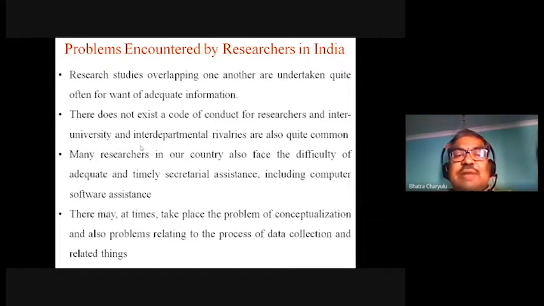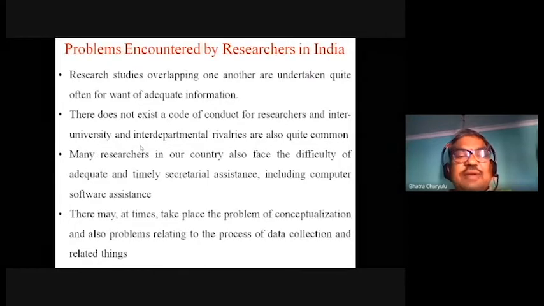Many researchers in our country also face the difficulty of adequate and timely secretarial assistance, including computer software assistance. So this is also one of the major problems that the Indian researchers are facing.